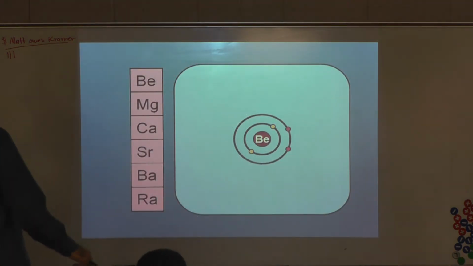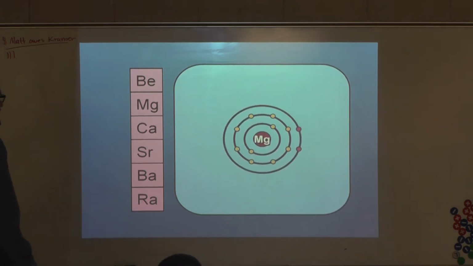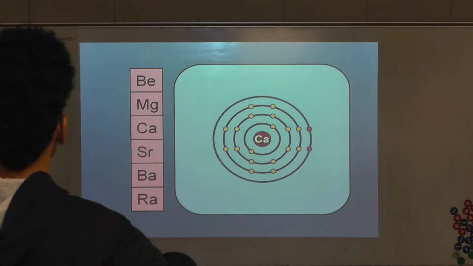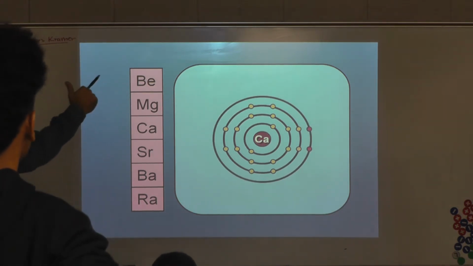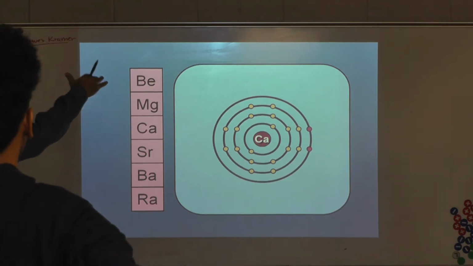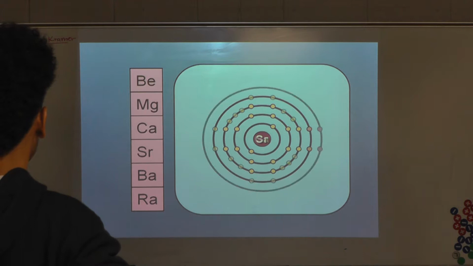So let's just look here. You don't have to put this in. Beryllium, how many valence or outer energy level electrons does it have? 2. Everyone see it? Magnesium? 2. How about calcium? 2. We're seeing a trend here. Now each of them is gaining an energy level, because if you remember as we go down the periodic table, your energy levels get higher.